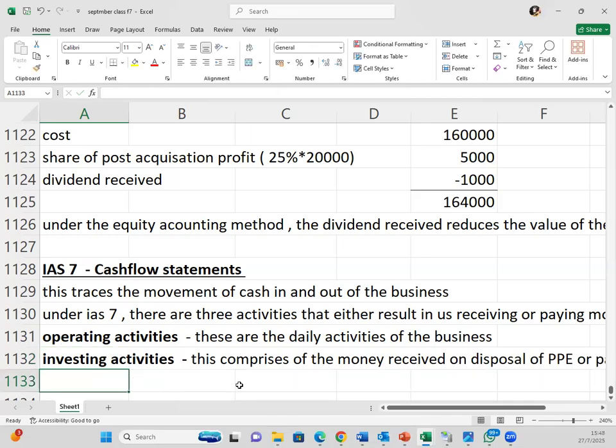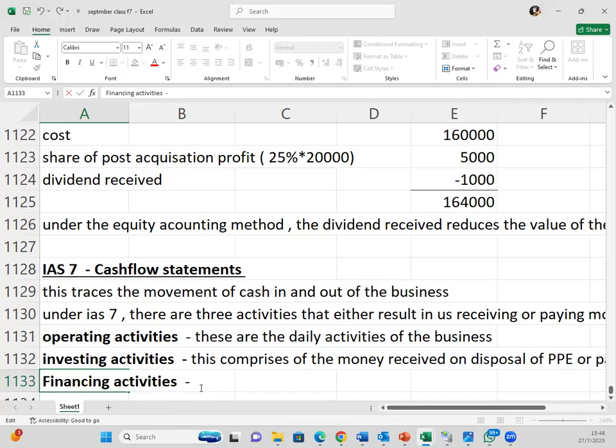So we have cash flow that can be generated from operating activities, cash flow that can be generated from investing activities. We also have cash flow which can be generated from financing activities. So if we are looking at the financing activities of the business, this is money that we have either received or paid as a result of shares and loans.